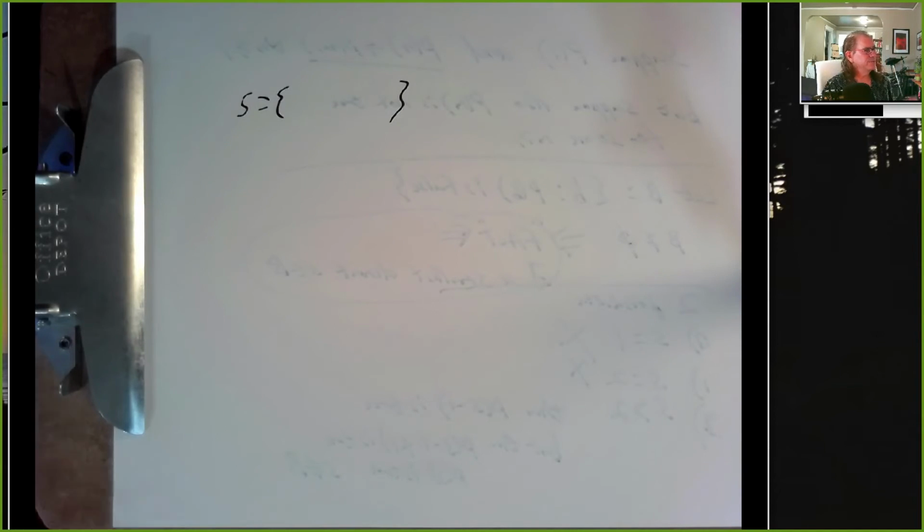What do you think? Doesn't matter which element, just any element. Is that possible? Yeah, any one element. Doesn't matter which one.